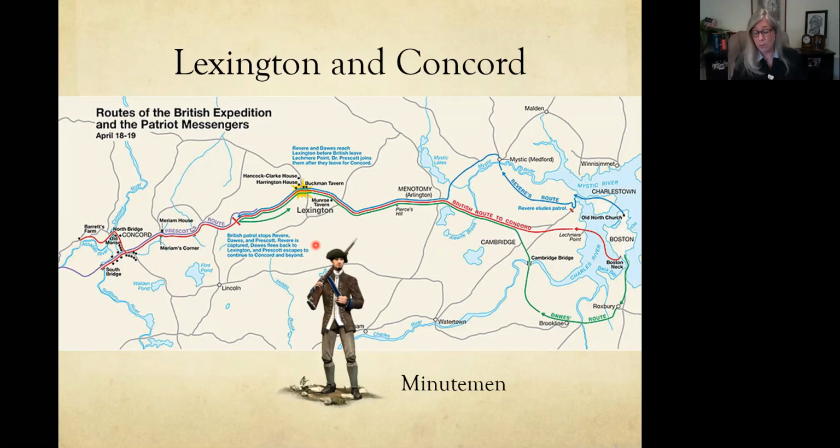And when it was all over with, on the British side, there were 73 soldiers who were killed, 174 wounded, and 26 missing. So we're talking about a third of the British force decimated. Colonists, not nearly as many. They've lost 49 and 39 wounded.